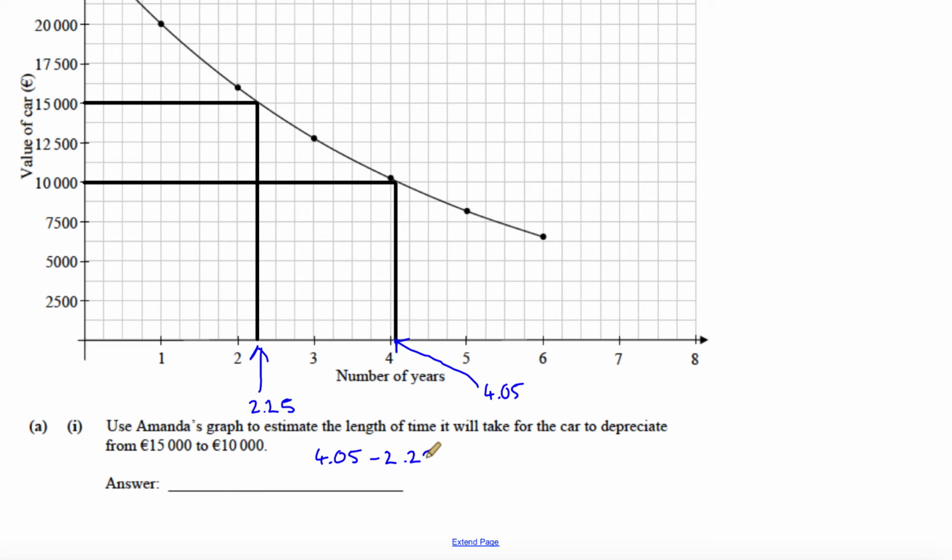If we subtract them, 4.05 minus 2.25, that's 1.8. So 1.8 years is what it took for the car to depreciate from 15,000 to 10,000. We should put our units in, 1.8 years.